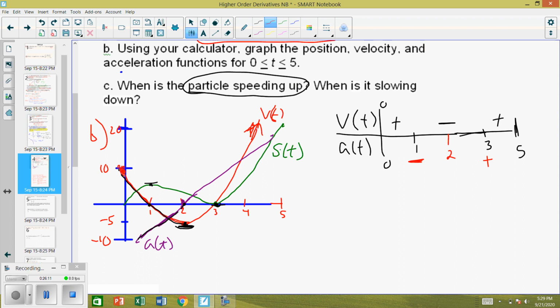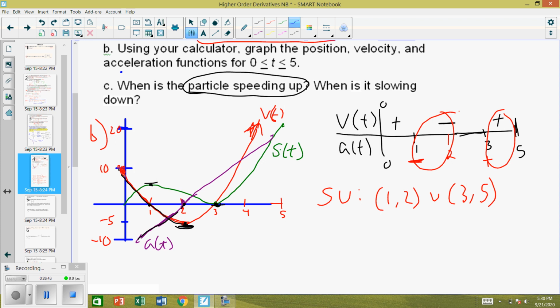Well, where they share the same sign is where it's speeding up. So how about between 3 and 5 and 1 and 2? It is speeding up whenever we are between 1 and 2 union 3 to 5. That's when they are both negative and both positive, where they have that in common for velocity.